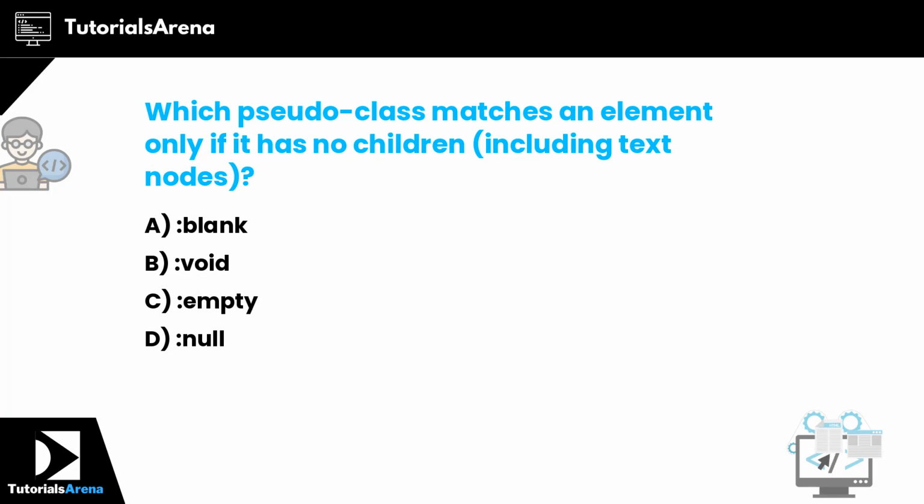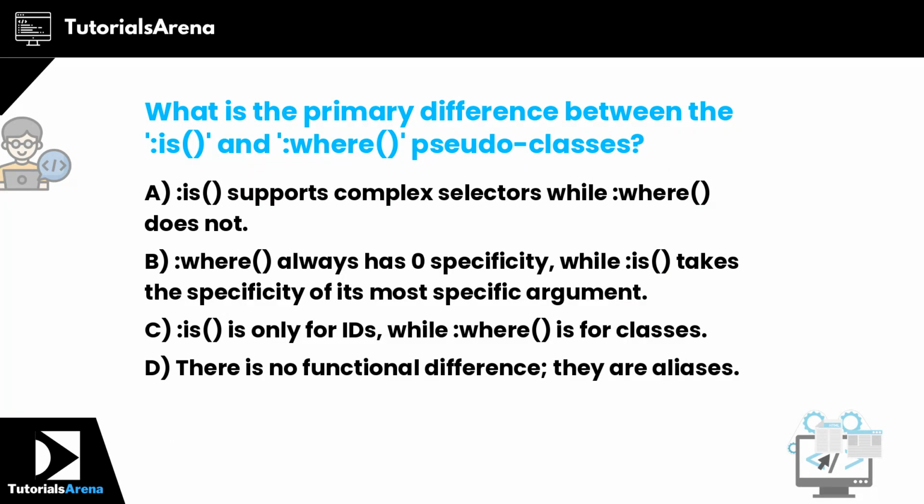Which pseudo-class matches an element only if it has no children, including text nodes? The correct answer is option C, :empty. What is the primary difference between the :is and :where pseudo-classes?